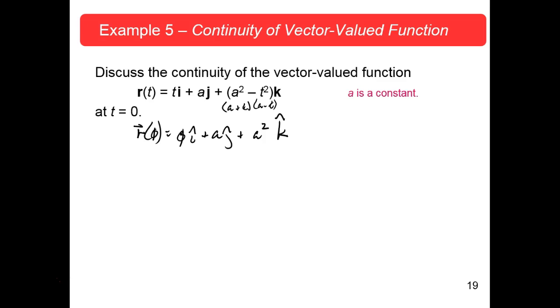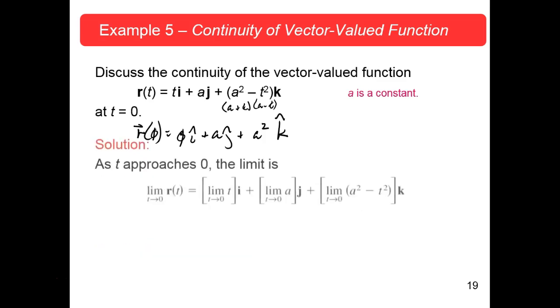It was 0, so wherever that was, and then it's coming up till it goes to a squared. And on z, this is a squared. So this is coming to the point. So I don't know what they mean by discussing the continuity, but it is continuous there because it's defined there. Let's see what they are doing with it.